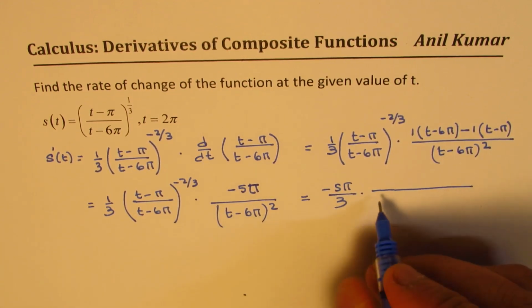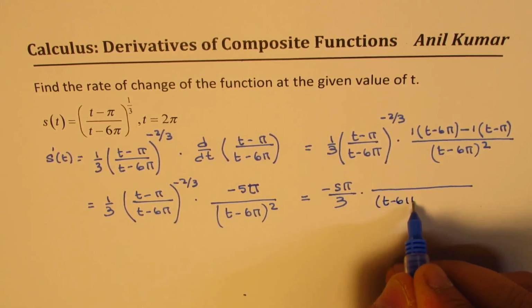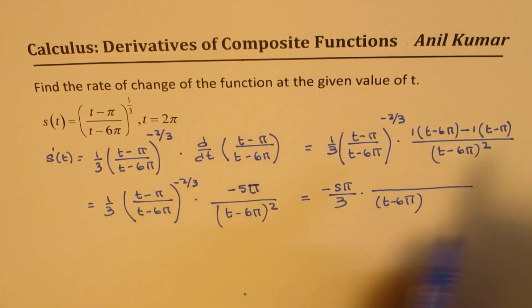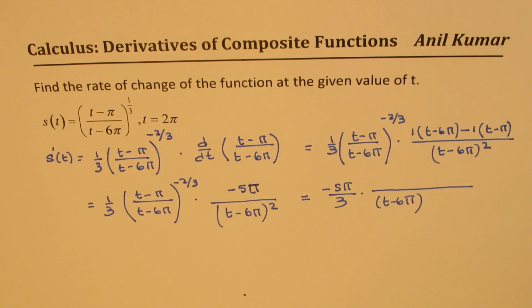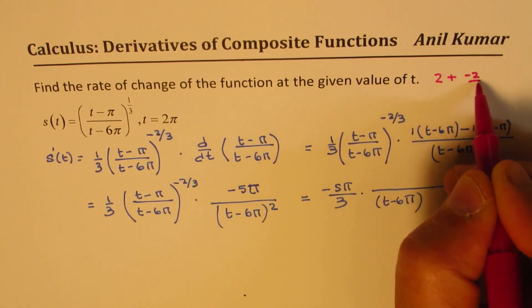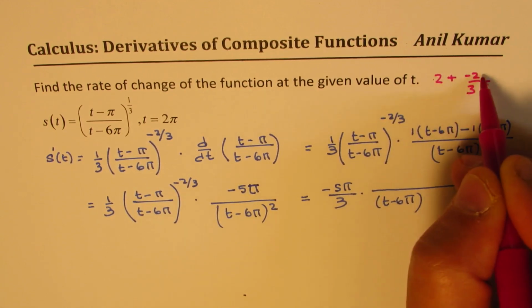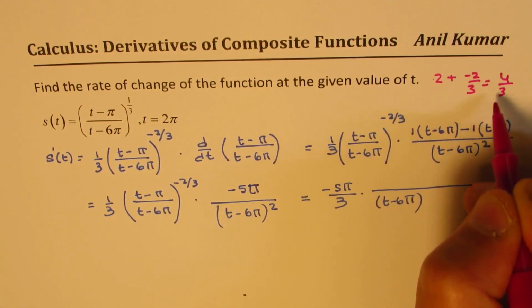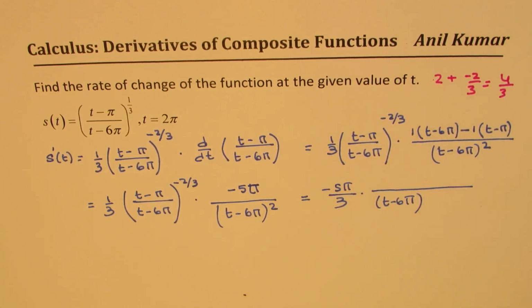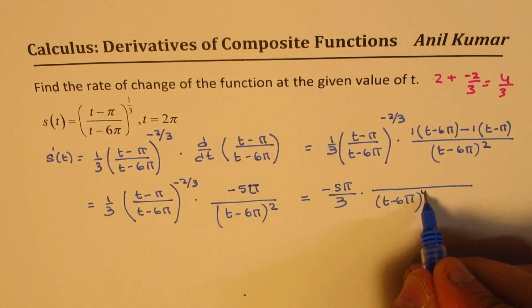So we get t minus 6 pi to the power of, let's do it on the side, 2 plus 2 over 3, correct? So we get 6 plus 2, which is 8 over 3. Is that clear? So when you add, you get 8 over 3.